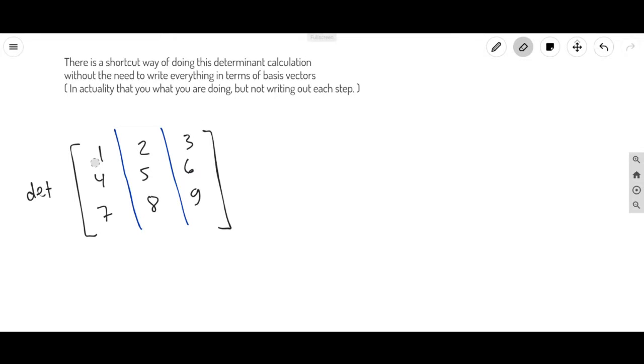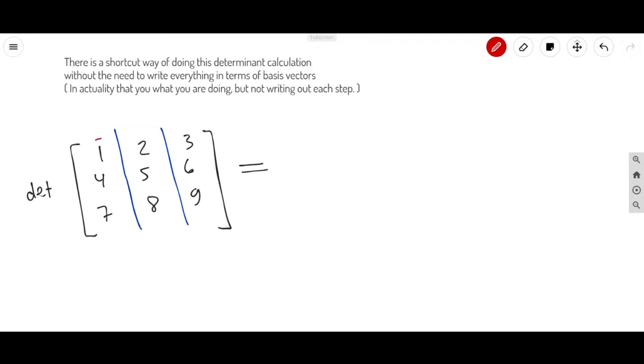Now, what you do next is you have to look at all of the possible multiplications that you can form. So maybe it's better if I just highlight one way you can do it.